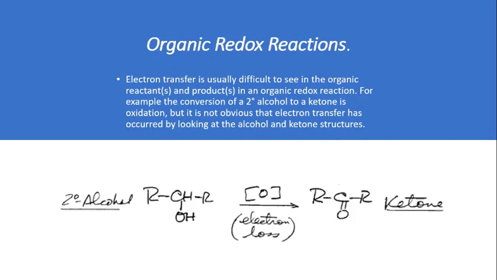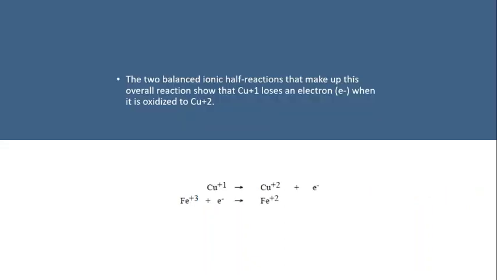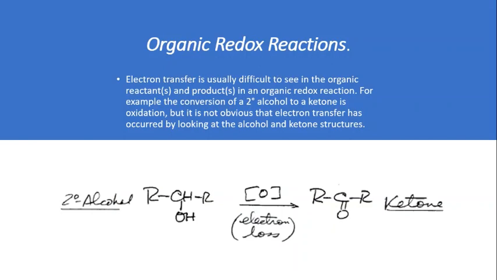Whether there is a loss of hydrogen, addition of oxygen, or the transfer of electron from a species, whichever of these three processes has occurred, we say that the species has been oxidized.